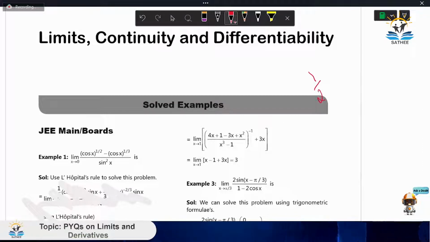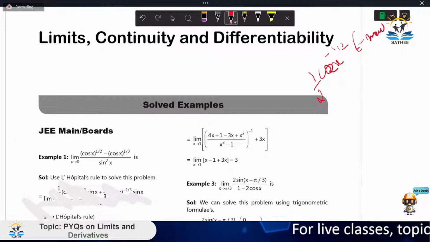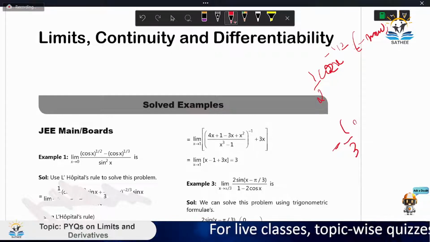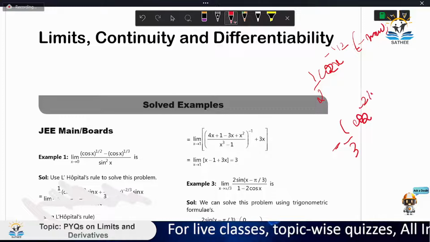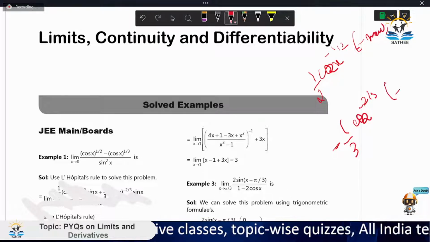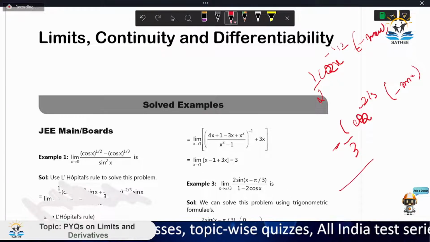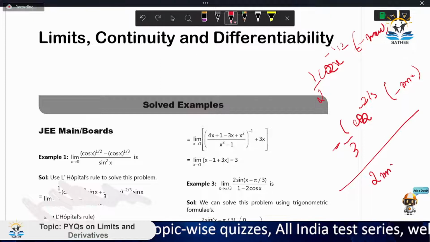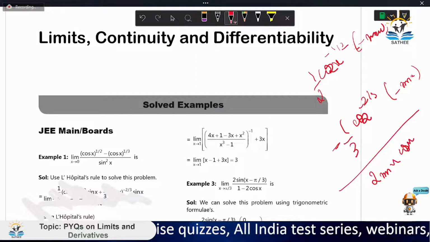So half cos x to the power minus half, and then the differentiation of cos x is minus sin x. Then minus of 1 by 3 cos x to the power minus 2 by 3 times minus sin x, divided by 2 sin x cos x.